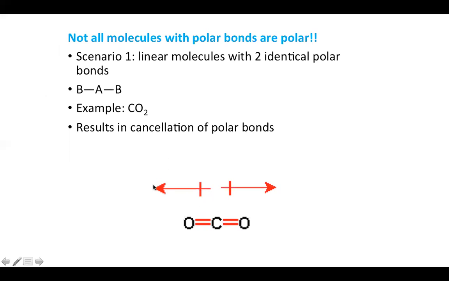But we have a polar bond to the left and the same exact polar bond to the right, so those poles are going to cancel one another out. You can think of it as a tug of war. There's the same strength pulling to the left as there is to the right, so they cancel one another out. So overall, CO2 is going to be a nonpolar molecule.